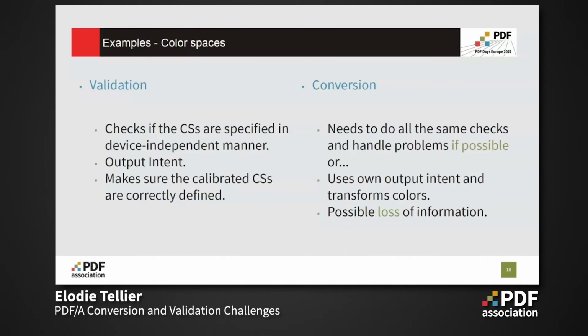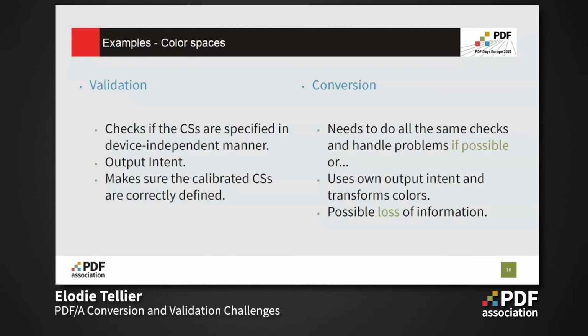The options here are to either define document output intent or default color space definitions based on calibrated color spaces. Alternatively, the document can rely solely on calibrated color spaces, but the validation needs to make sure that these are correctly defined according to PDFA and PDF specifications, and also other required standards like ICC specifications.